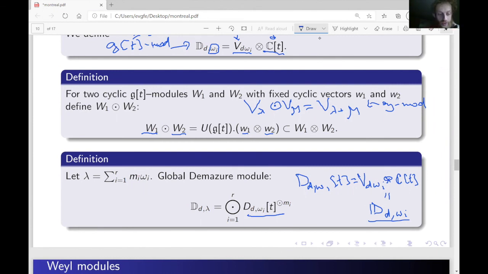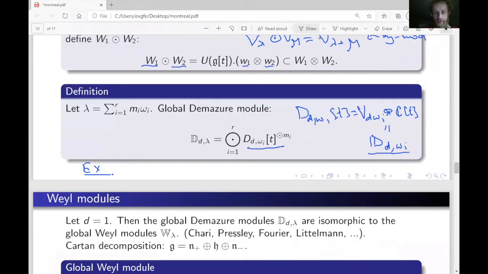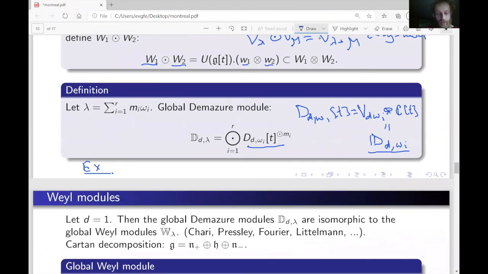For example, if we consider, say, SL2, and we consider λ to be 2ω and any d, then what we get is that D_{2ω} is D_ω, and then cyclic tensor product with D_ω.